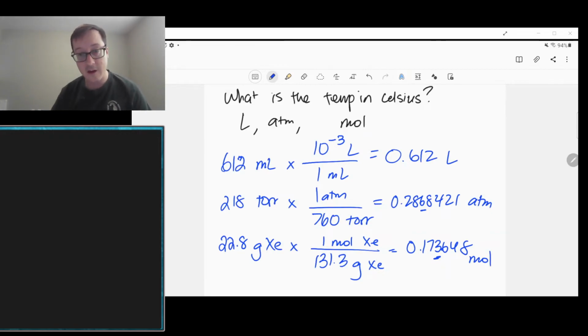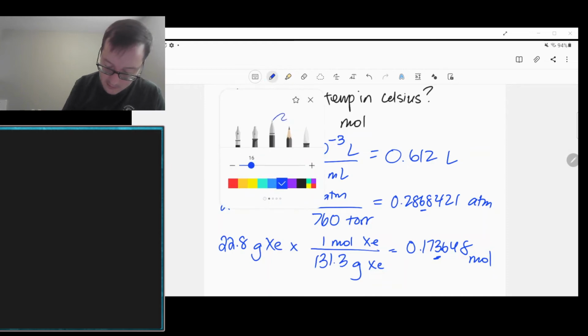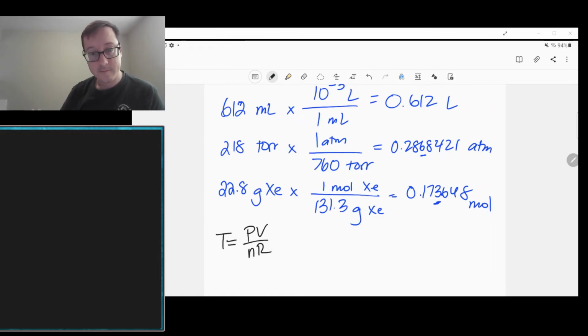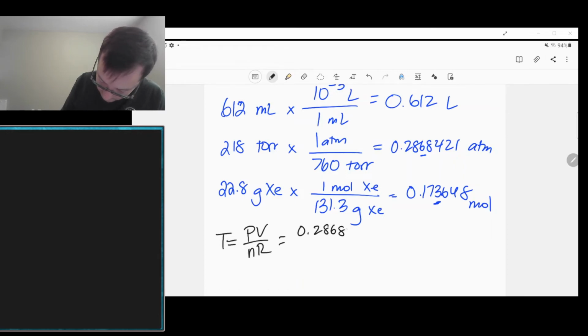So now that we have our 3 quantities in their correct units, we can go ahead and figure this equation out. So the temperature is going to be PV over NR. Right, we divide by NR for both sides. And so we're going to get, what's our pressure? 0.2868421, keeping our sig figs for 3.